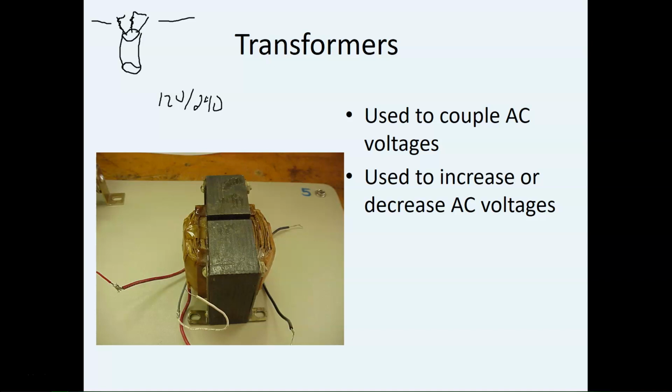We don't want thousands of volts in the house. We want it brought down to a safe level so that if you plug something in, it doesn't equal instant death, or a very high chance of electrocution. This is what allows that to happen.